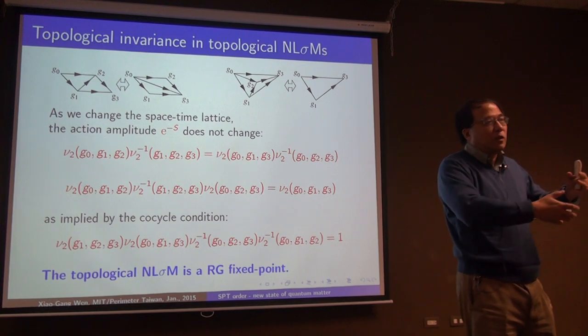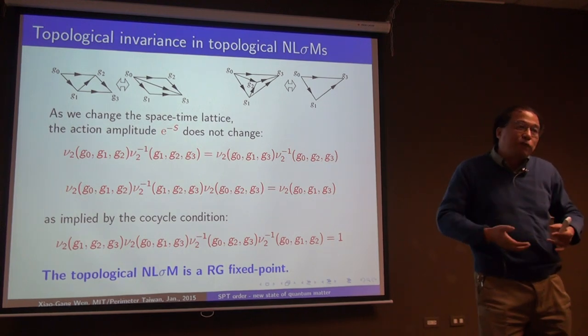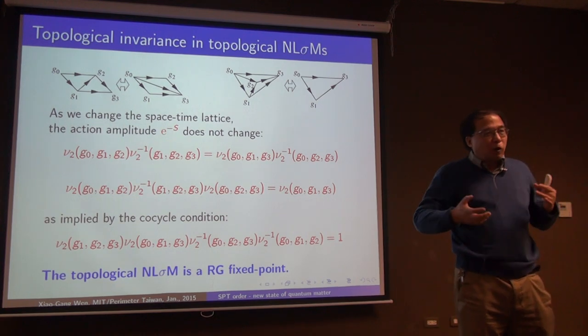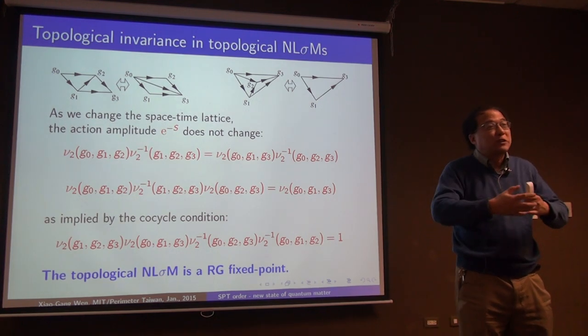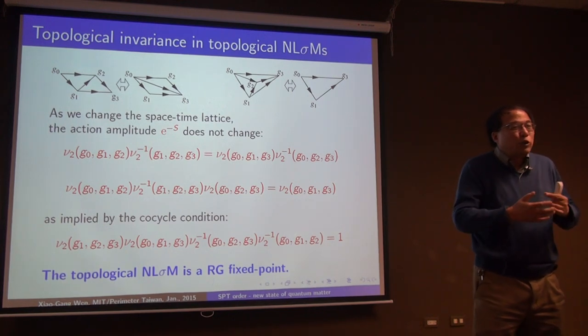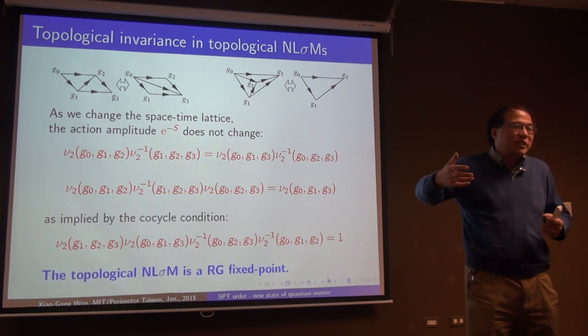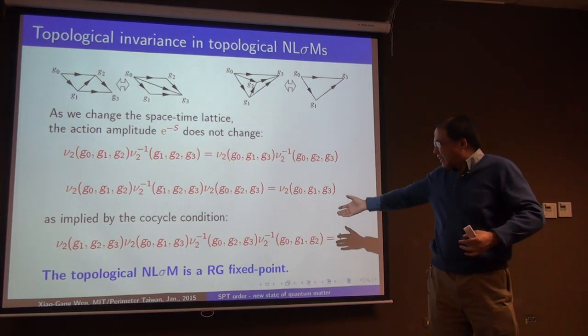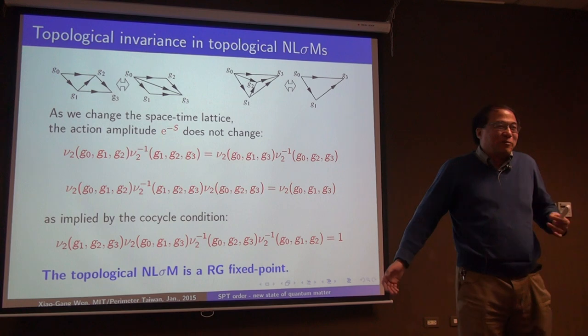So therefore, they're all equal to 1. But in 3 dimensions, 4 dimensions, I'm not so sure. In higher dimension, whether every closed space-time manifold can be obtained by gluing spheres or not, I don't know. And if not, then there will be an issue for those manifolds which do not come from gluing spheres. Whether the group cohomology action amplitude is equal to 1 or not, we don't know.